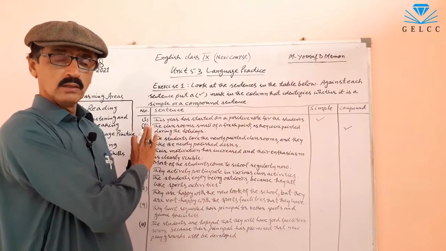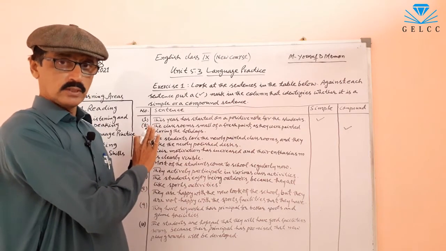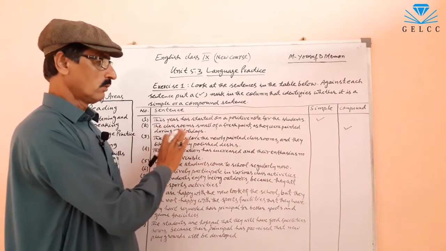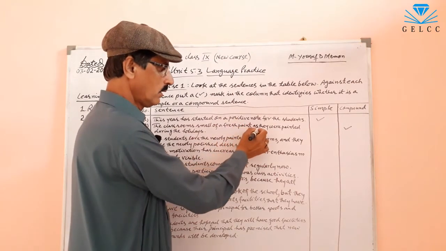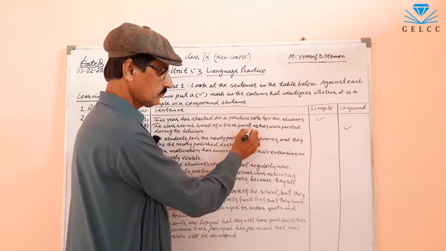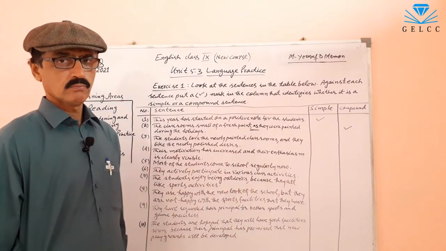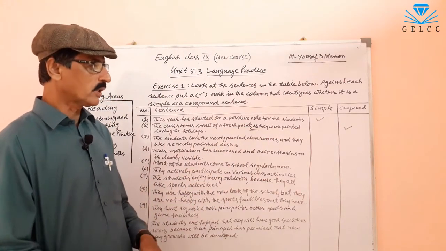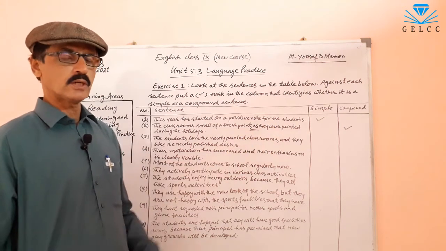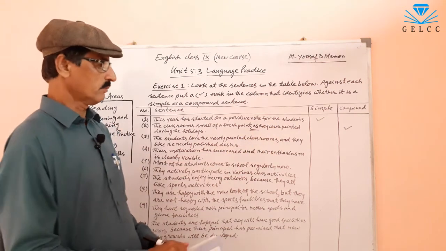Both are sentences of their own. They are joined by a comma and conjunction as. If we write separately, both the sentences can stand alone. It is a compound sentence.